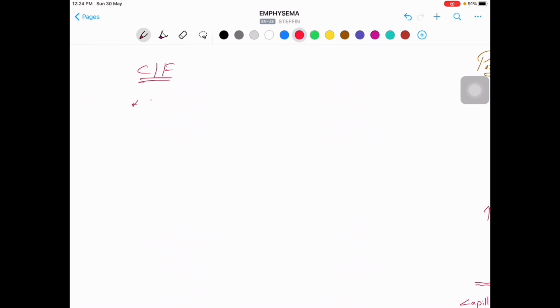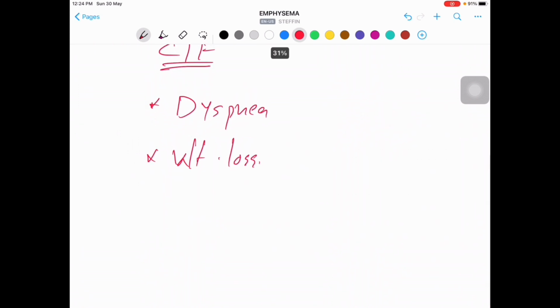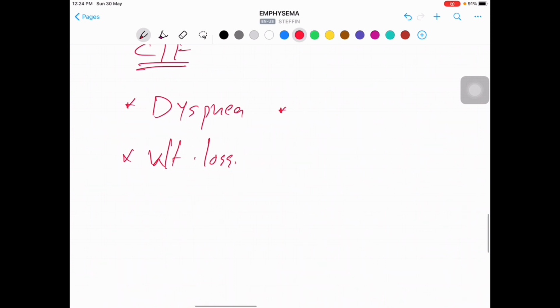Firstly, dyspnea and weight loss and pursed lip breathing. Pursed lip breathing means breathing while wrinkling the lips.